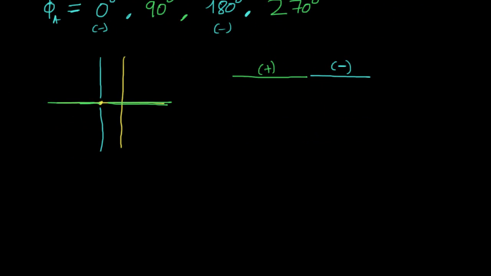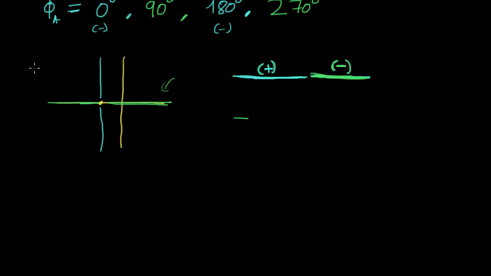Now, if there are two more poles than zeros, we have this situation. I'm mixing up colors here. Blue is for positive, and green is for negative root locus.